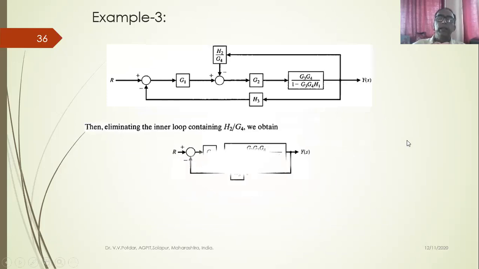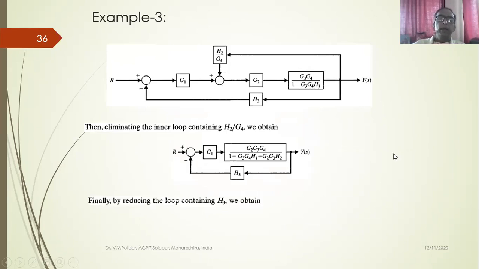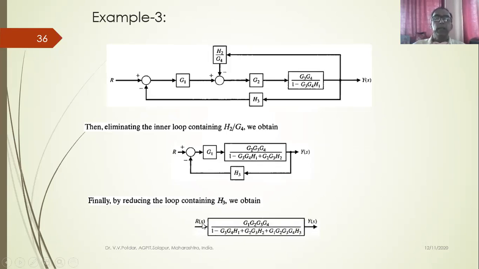This we already did. And finally, reducing the loop containing H3. So this entire feed forward block elements divided by 1 plus all these elements into H3 will give me a single block.